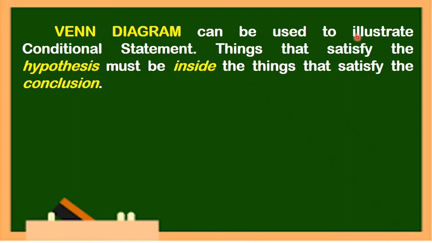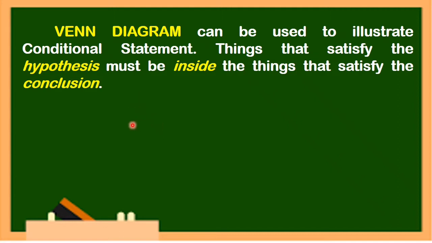Venn diagram can be used to illustrate conditional statement. Things that satisfy the hypothesis must be inside the things that satisfy the conclusion. So, we can also use this Venn diagram, which you learned from the previous year or younger year, that a Venn diagram is used to show the relationship of sets.